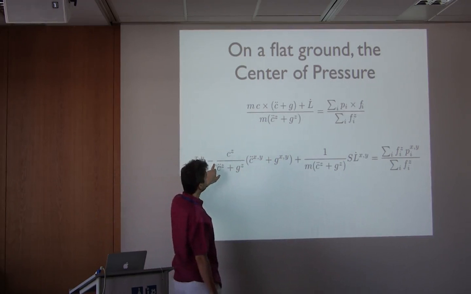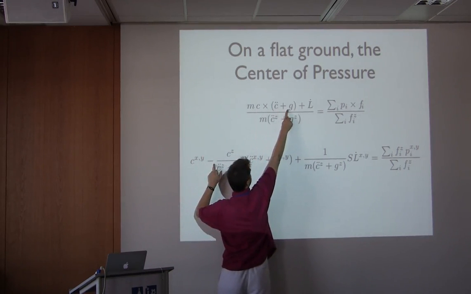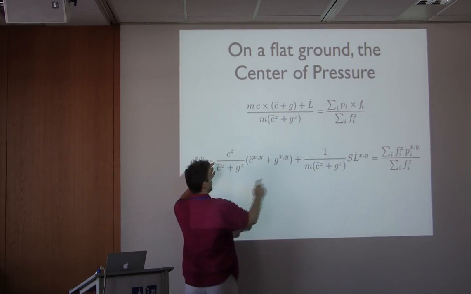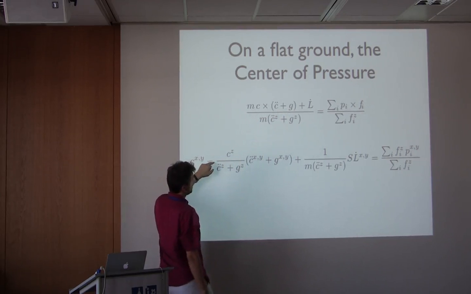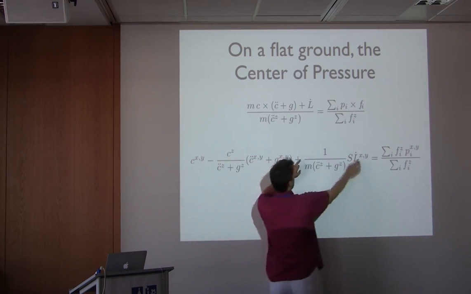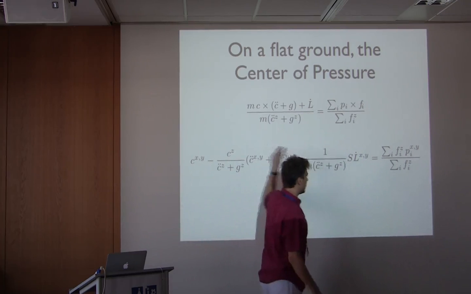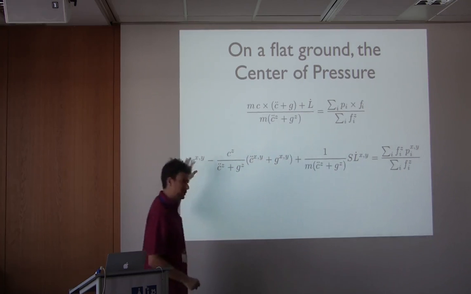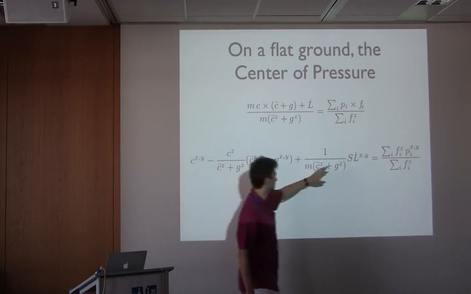Then here you have the z coordinate times the x and y coordinates. You have this equation here, and you have the mass which is given. Then you have this term here, and you have a sign matrix because I changed signs surreptitiously in the equation, but that's a detail.